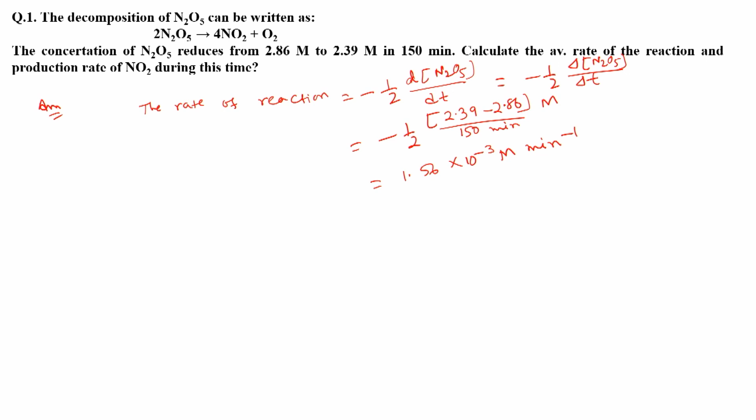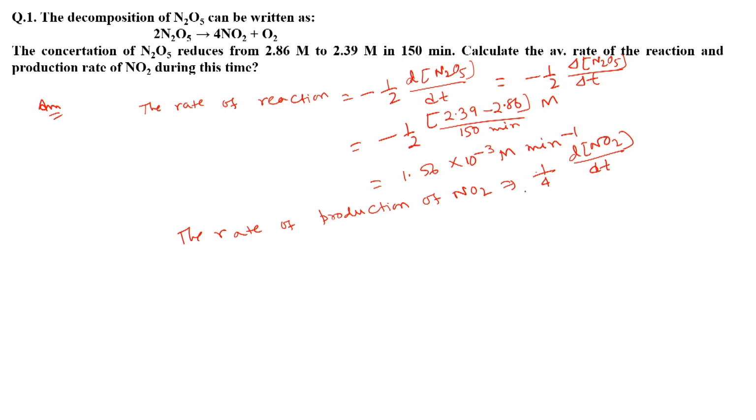Now next problem is the production rate of NO2. Okay, so the rate of production of NO2, if we write this one as 1 by 4, the coefficient is 4 for NO2, so 1 by 4 d concentration of NO2 by dt.